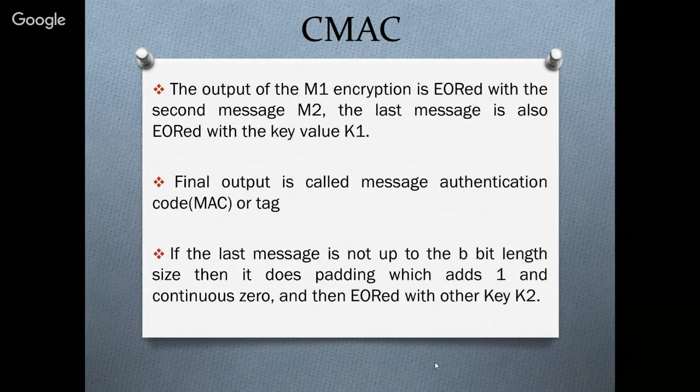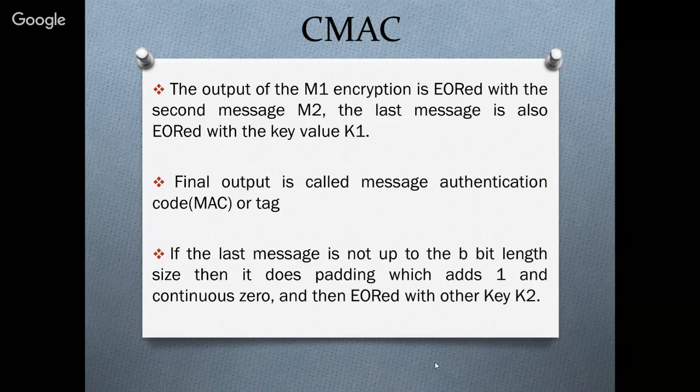In the CMAC operation, as the message is divided into different blocks, the output of the first encrypted message is XORed with the second message M2, and it goes on for all the blocks the message has been divided into. For example, my information is divided into 5 blocks. The first block is encrypted.